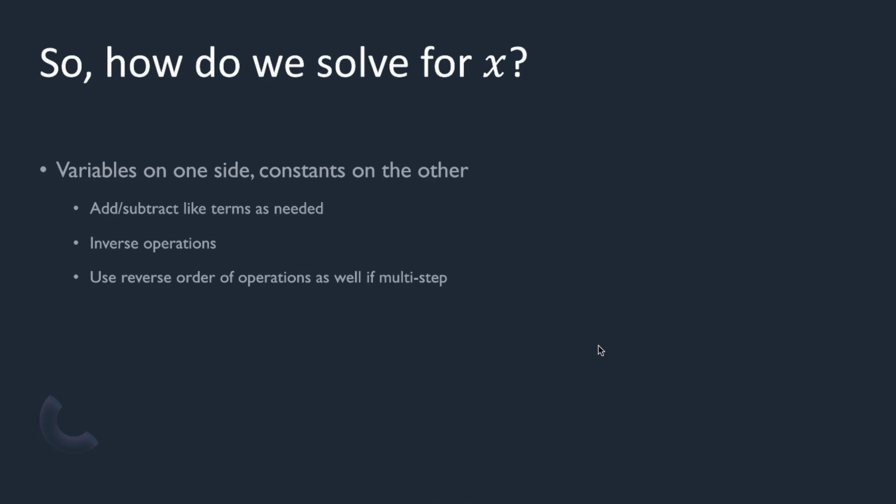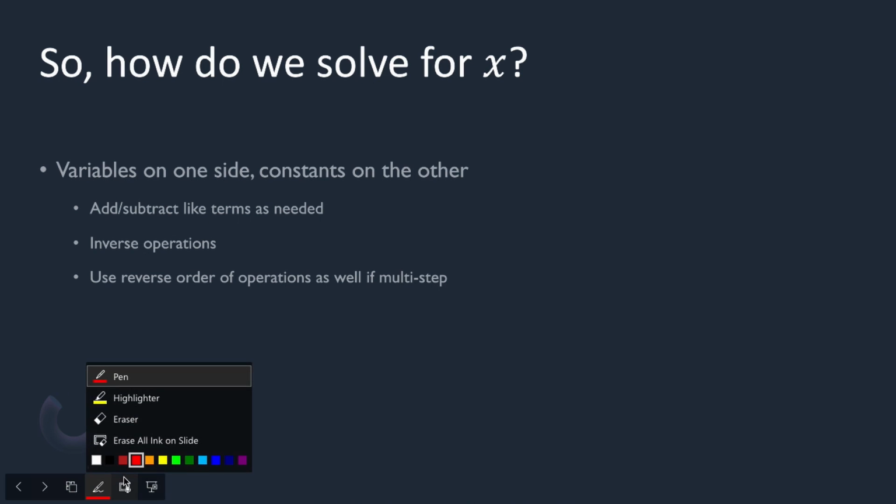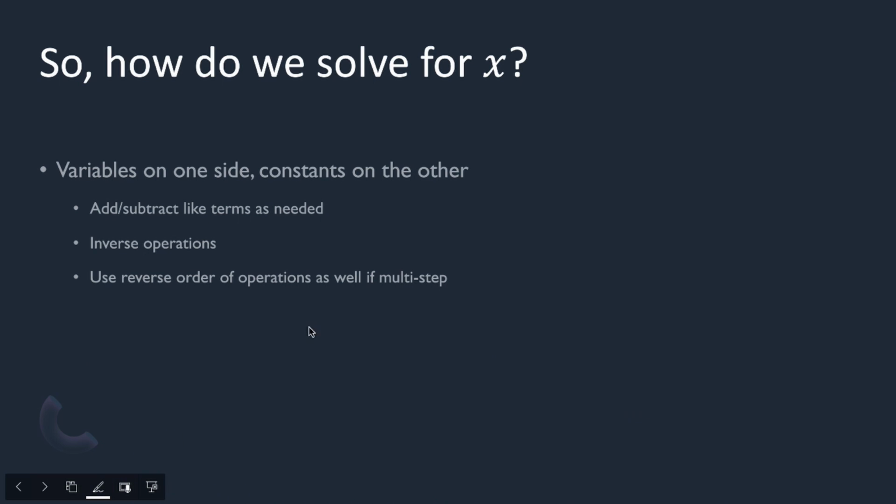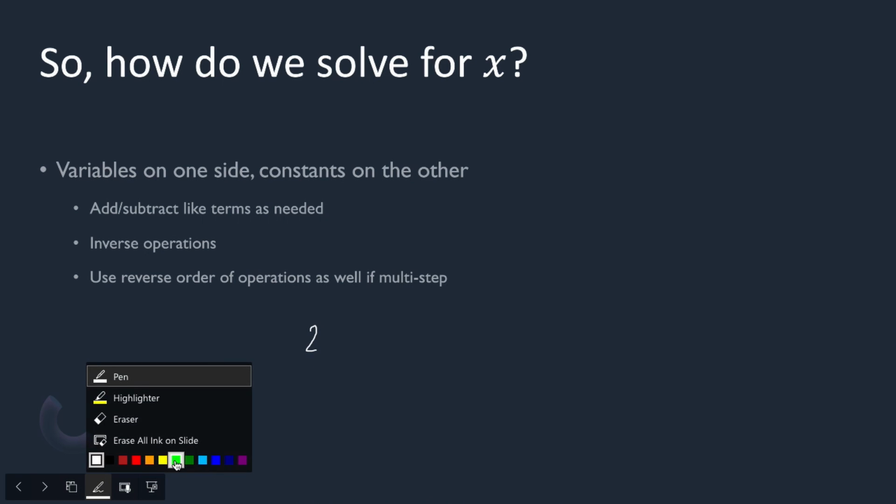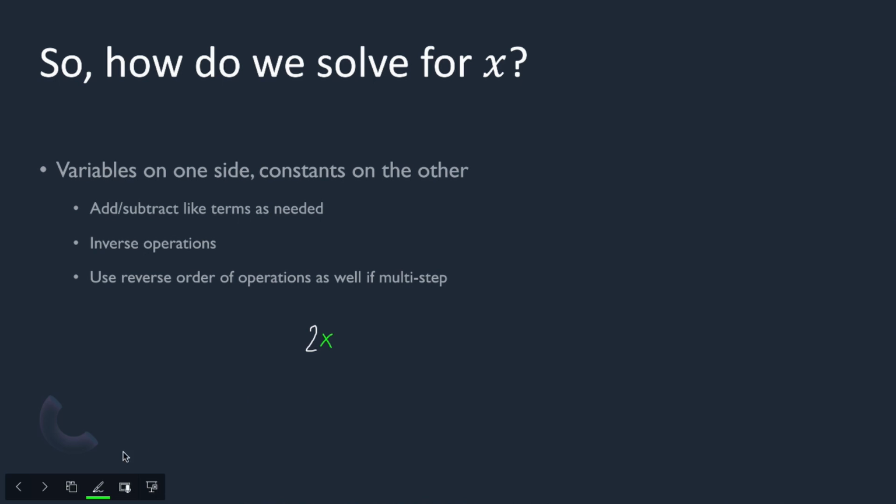Well, a like term is any term that has the same variable. So, if we have this, 2x plus 5x, you can see that I have put the x's in green and the rest of the equation in white.